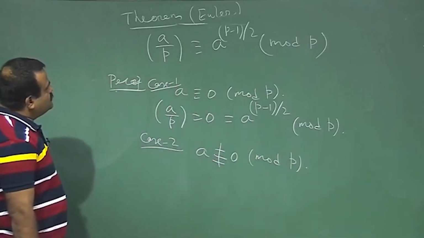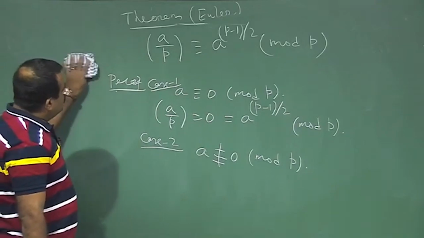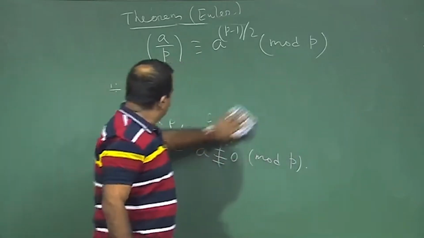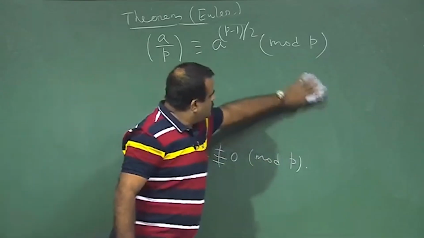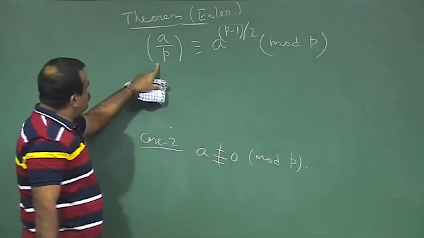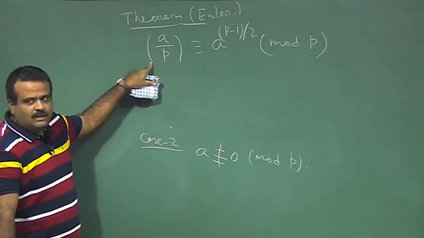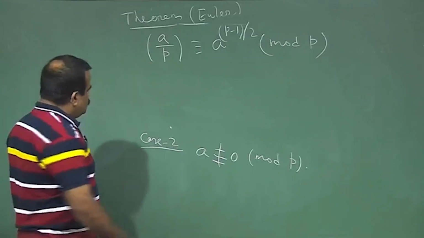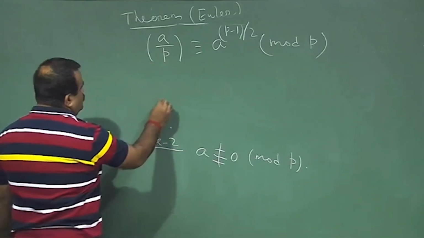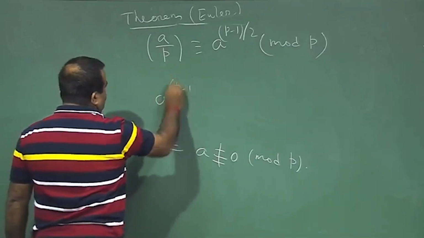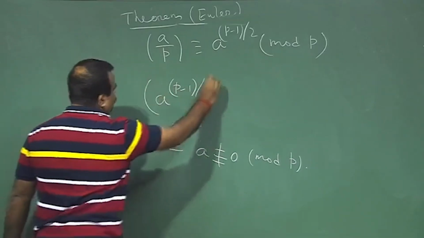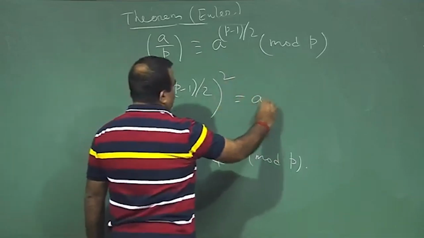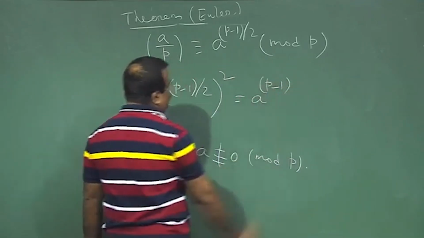In this case, the Legendre symbol is either 1 or minus 1 depending on whether a is a square or not. What we will do is take a to the power (p minus 1) by 2 and square it up. This gives us a to the power p minus 1.